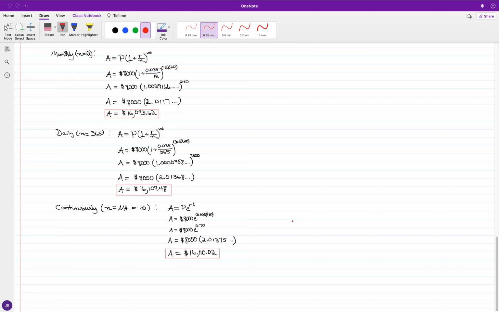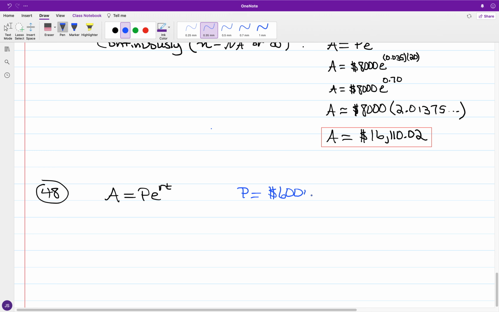once again we have A is equal to P times e to the r times t. And for the values that we're going to be treating, P is equal to $6,000. The time span is going to be 12 years.